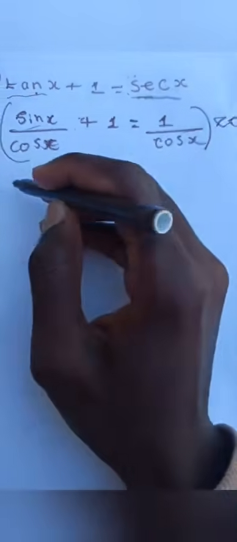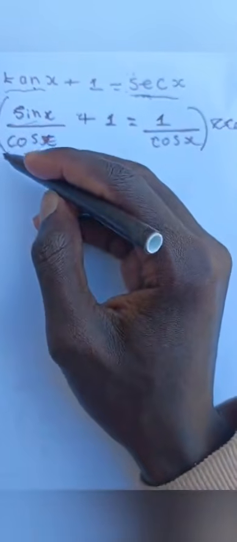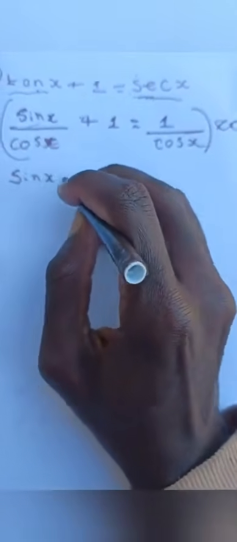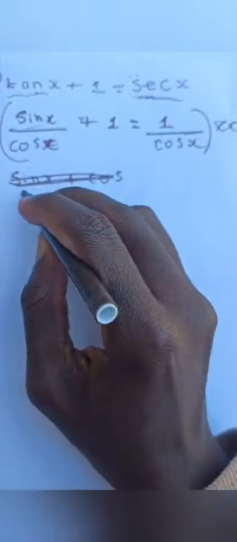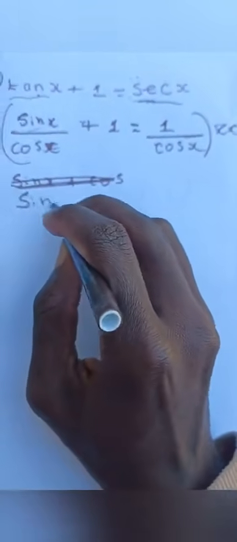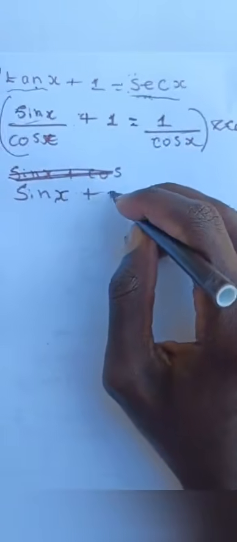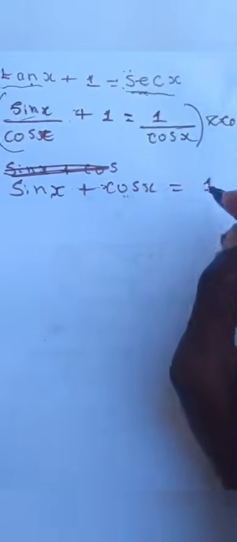So we want to get rid of fractions, so we'll multiply throughout by the common denominator, which is cos x, right? Make it a habit to multiply throughout by the common denominator of those which have fractions. So here you're going to end up remaining with sine x plus cos x is equal to 1.